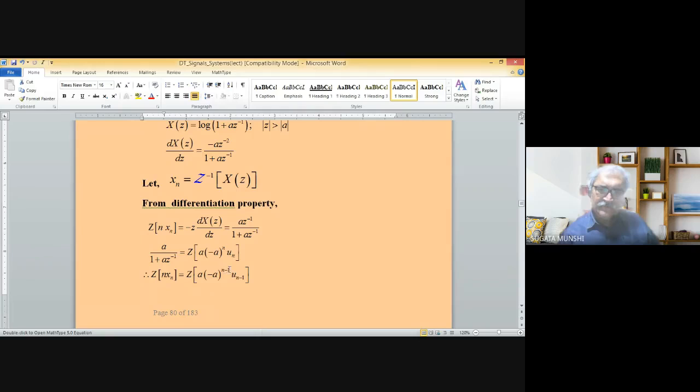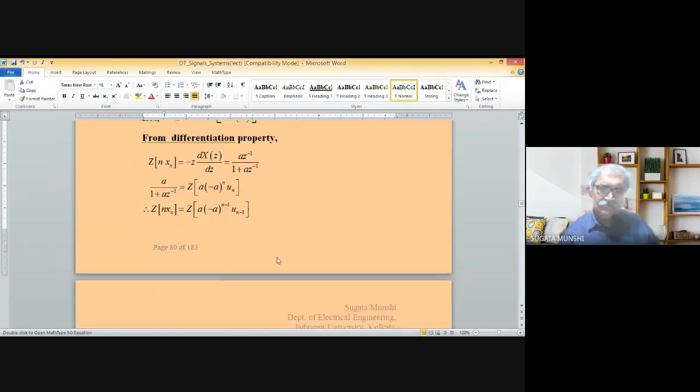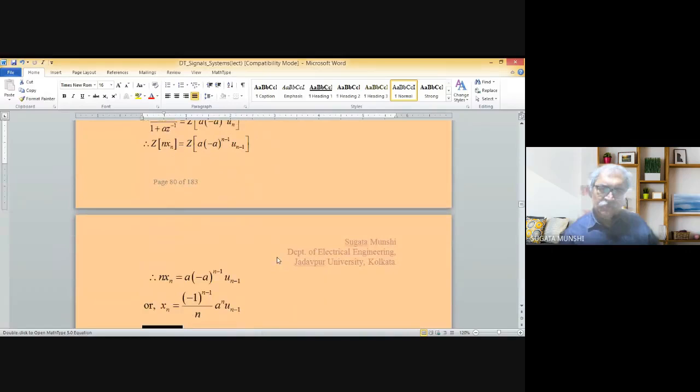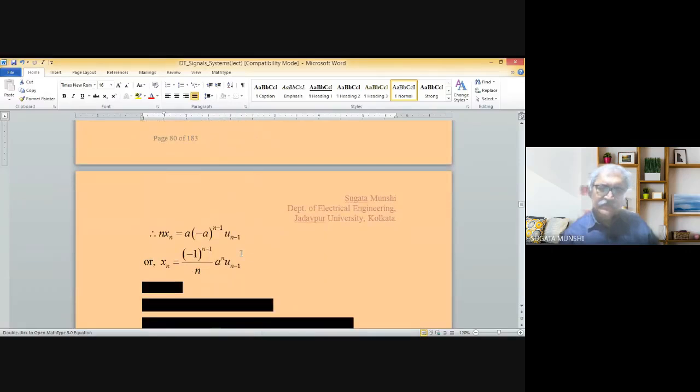So you have to write n minus 1 here and n minus 1 there. The time shift property of z transform. So n x[n] will be given by that expression. Therefore, x[n] will be given by this expression.